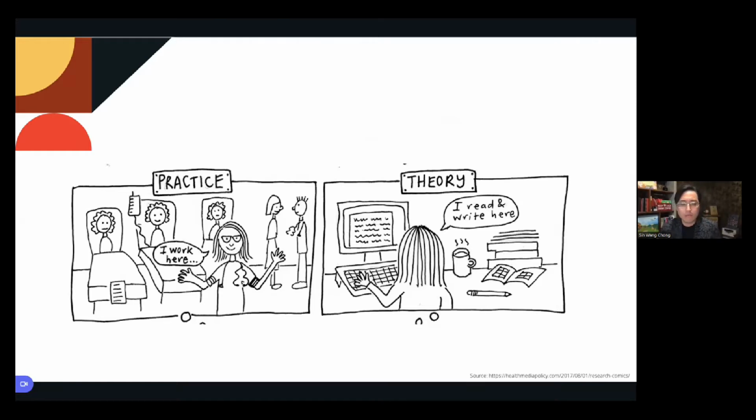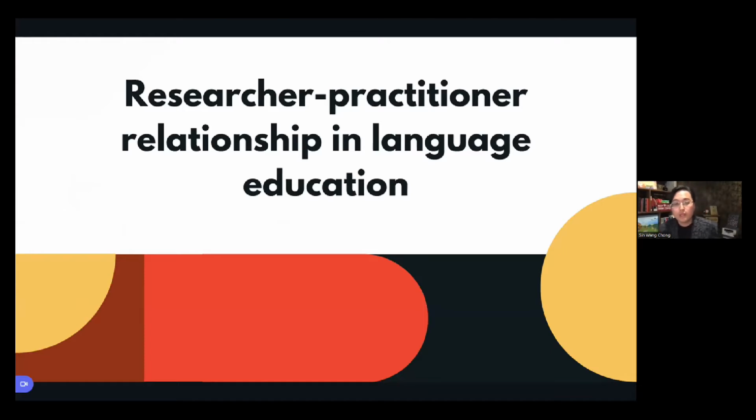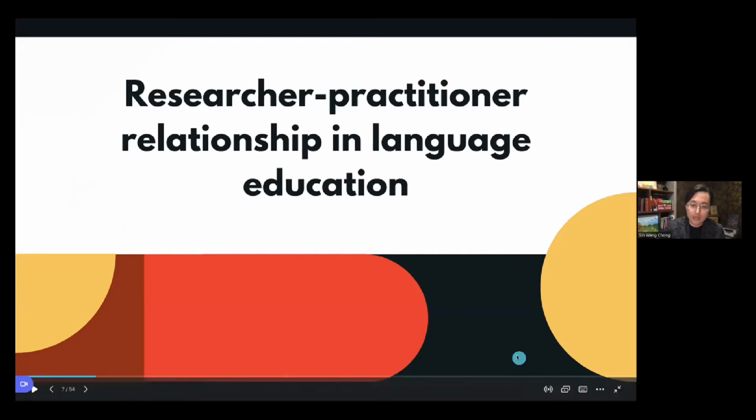People think, why is there such a need for the 2 groups to communicate? But later on, I will argue that there is a real need for researchers and practitioners to engage in more in-depth, two-way dialogues. So I would like to hone in a little bit on the researcher-practitioner relationship in language education.